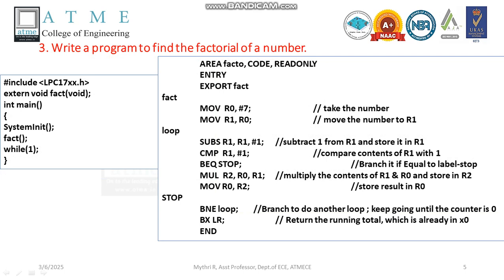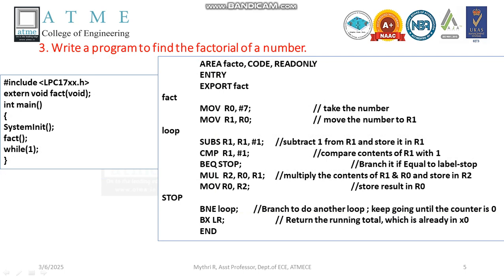Why? Because R0 is 7 and R1 is decremented by 1, that means it will be 6, and compare that until R1 keeps decrementing, and make sure R1 reaches 1. Whenever R1 reaches 1, it should branch and come out of the loop.